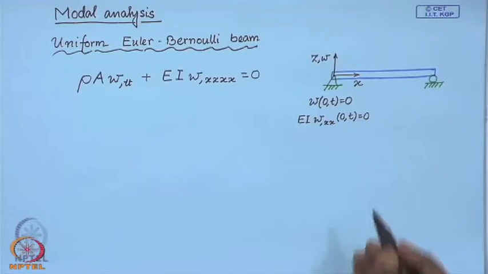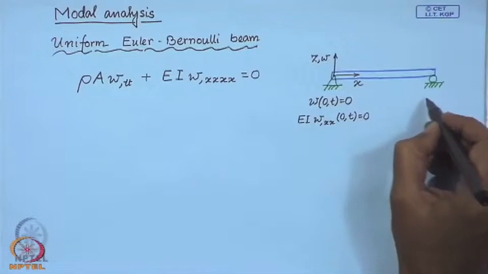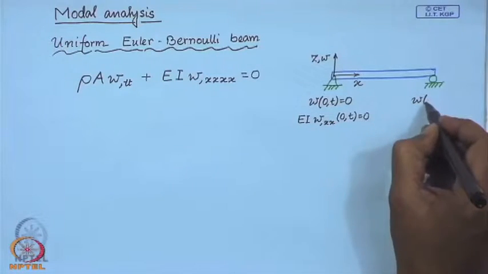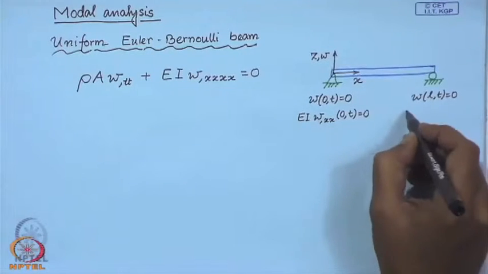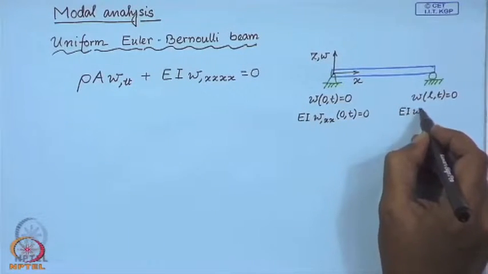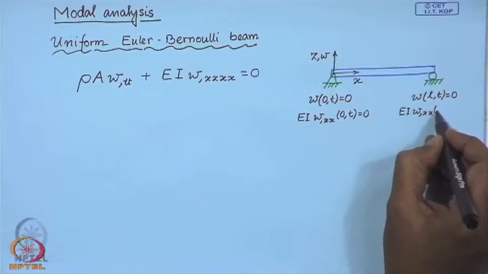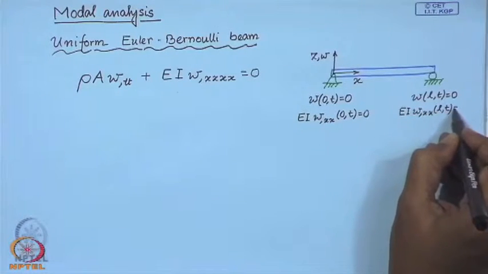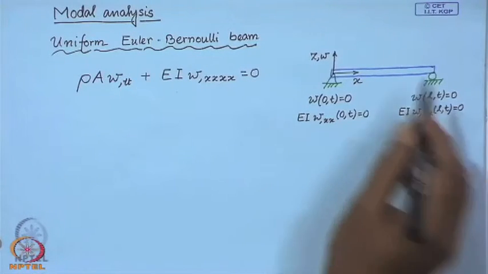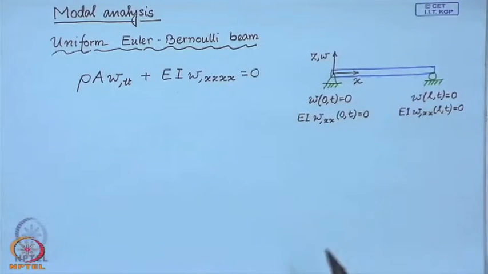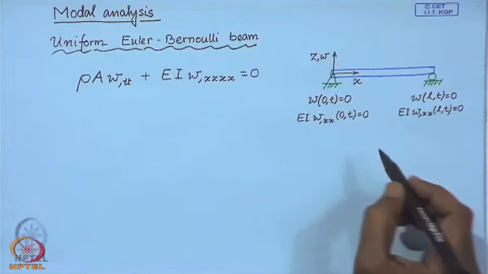This is the bending moment equal to 0 condition. Similarly, at x equal to L, we have displacement 0 and bending moment 0. So, let us consider this kind of a uniform simply supported Euler-Bernoulli beam.